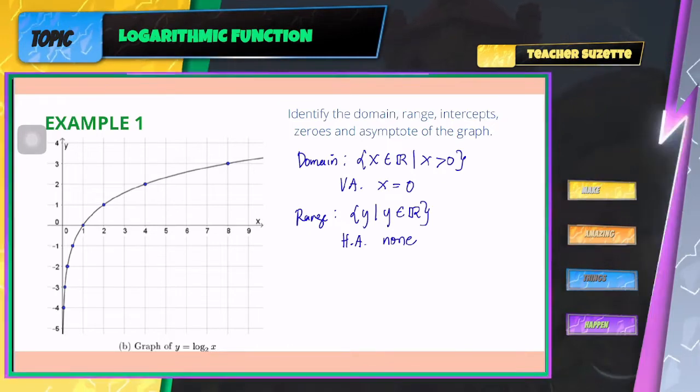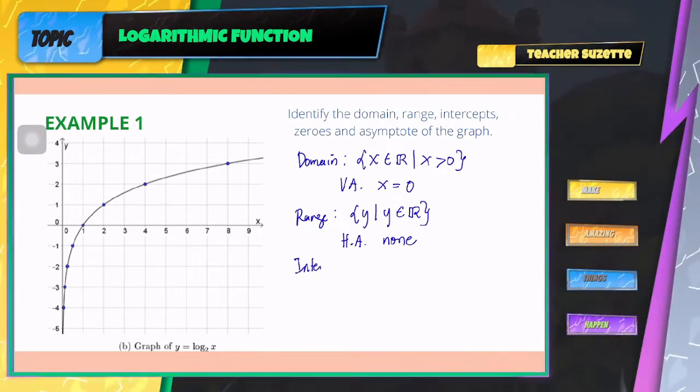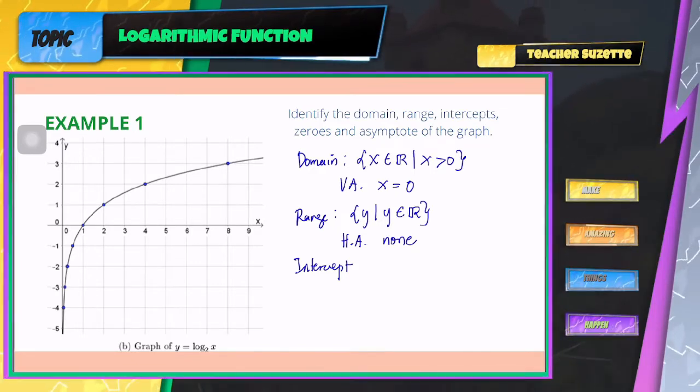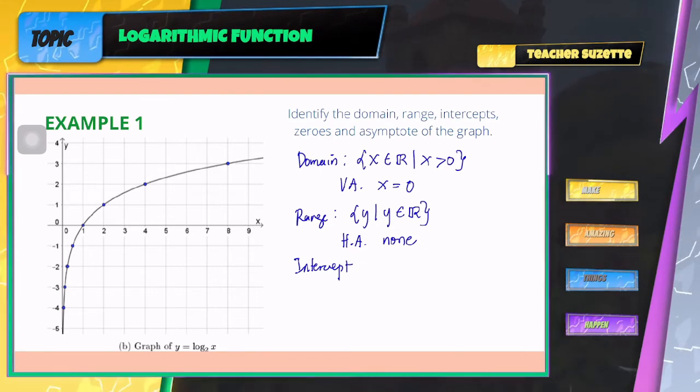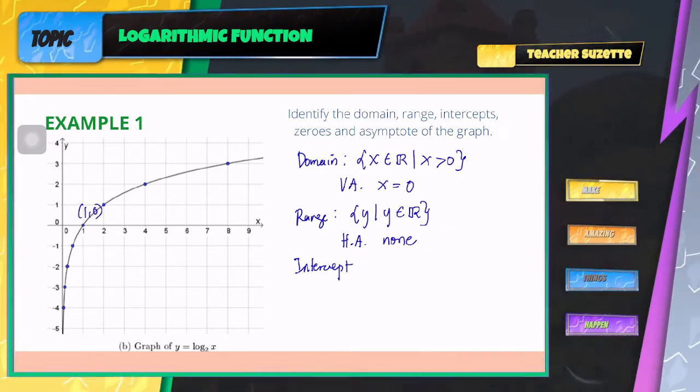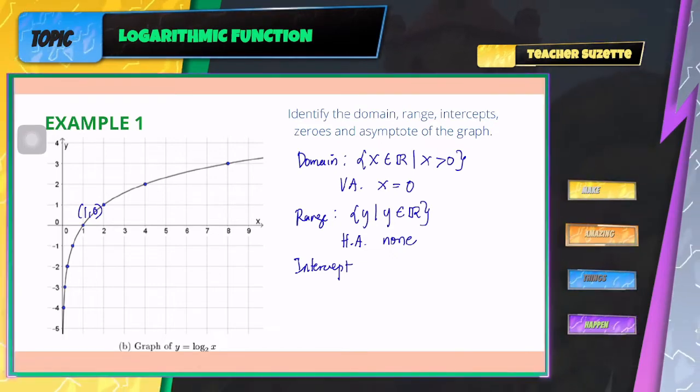Next, let's find the intercept of our graph. Upon checking, we can see that at point (1, 0), our graph intersects the x-axis.